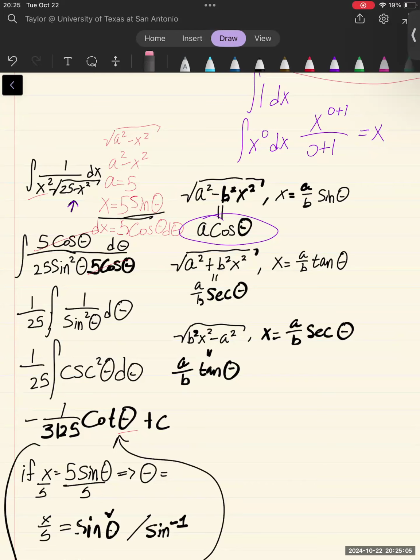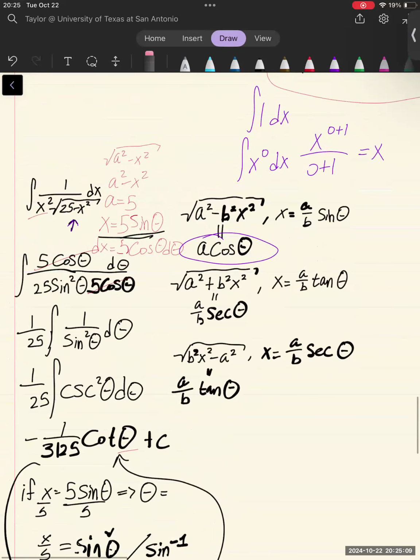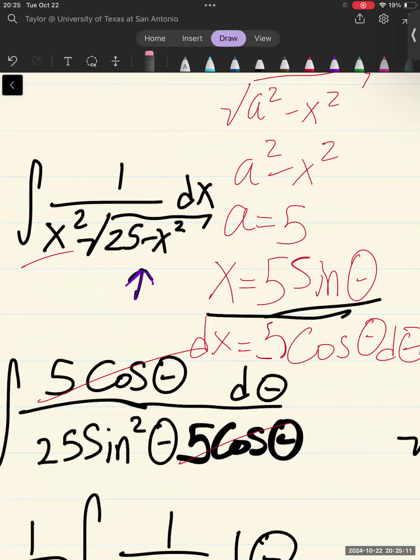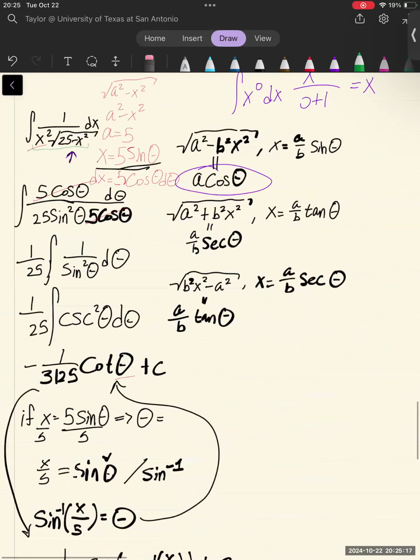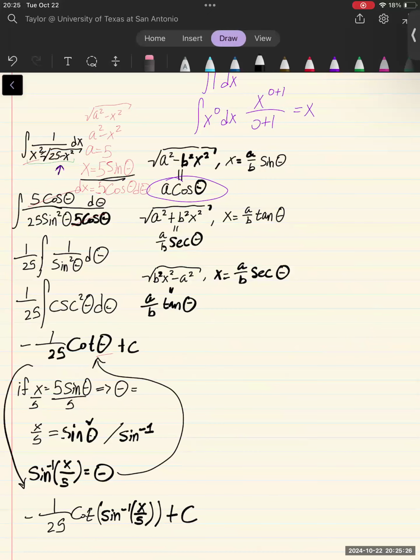It was actually x squared, so it'd be 25 there, not 3100. Good catch. I made the leading power here 5 instead of 2, which just makes it a lot harder to deal with, and we don't get this nice cosine. So it is actually just 1 over 25 cotangent sine inverse x over 5.